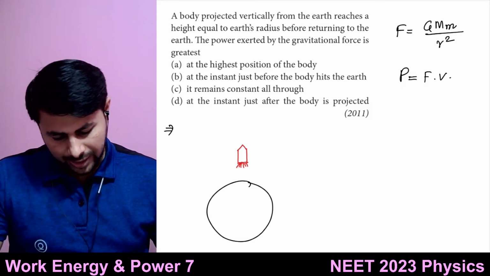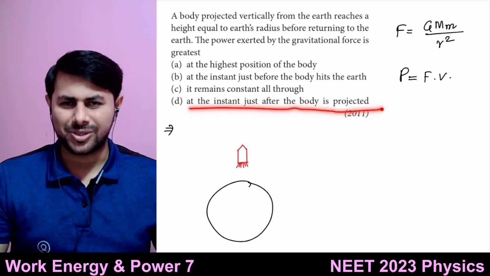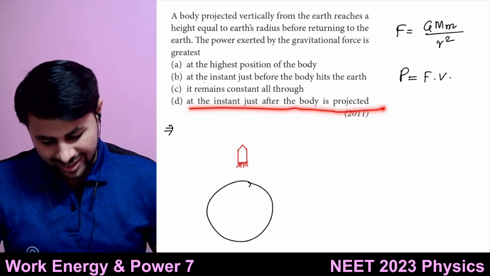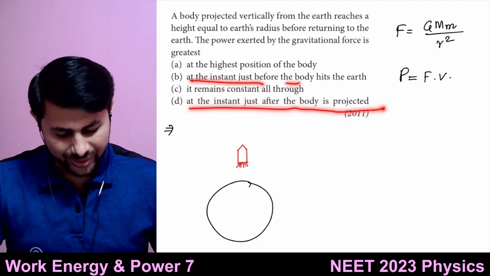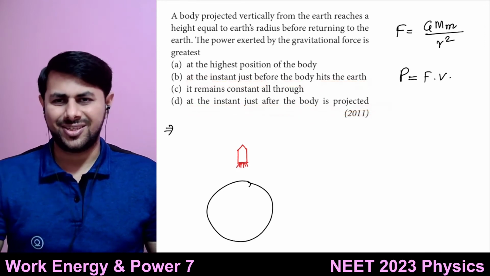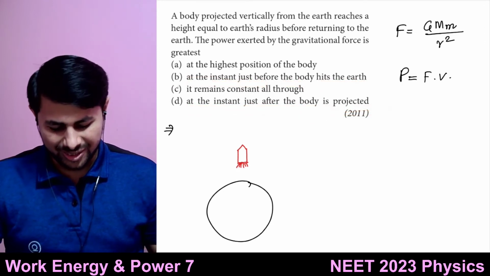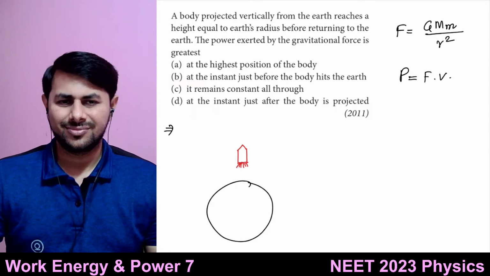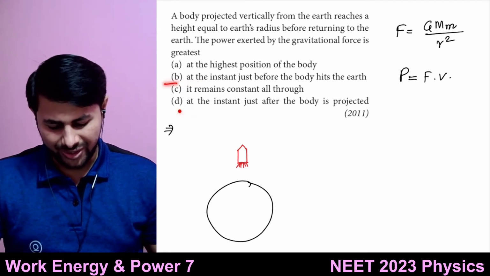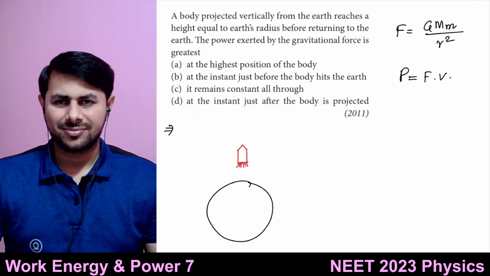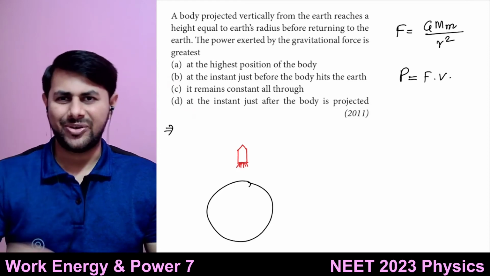Now at the instant just after the body is projected, this is one option, and at the instant just before the body hits the earth, this is another one. So which of these two will be correct? B or D? Because it will hit with the same velocity also.